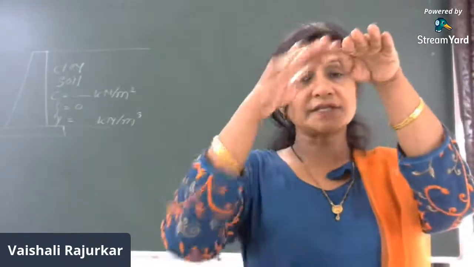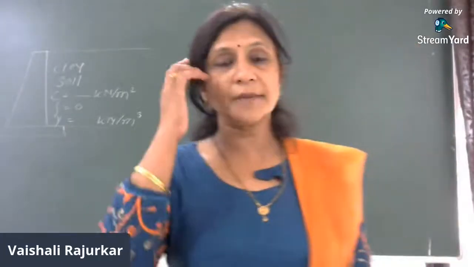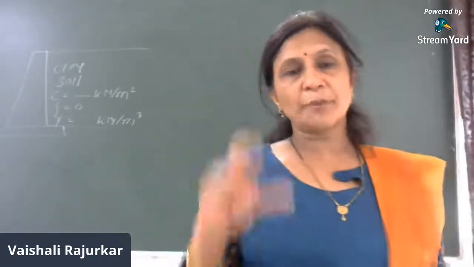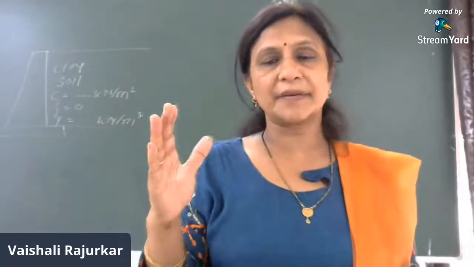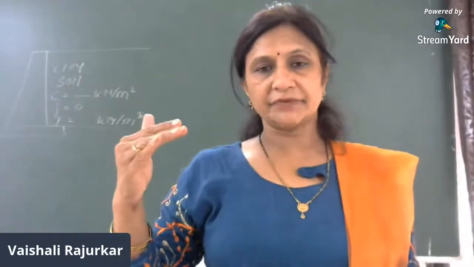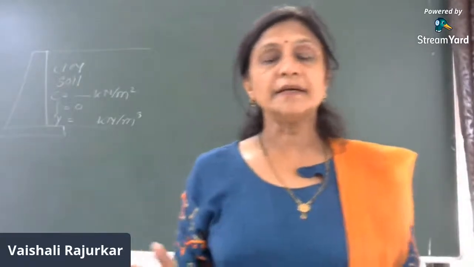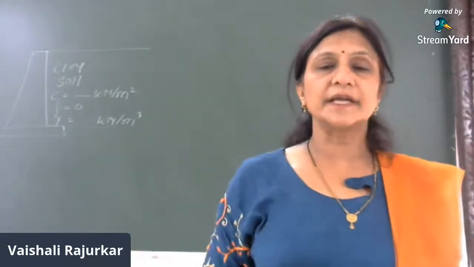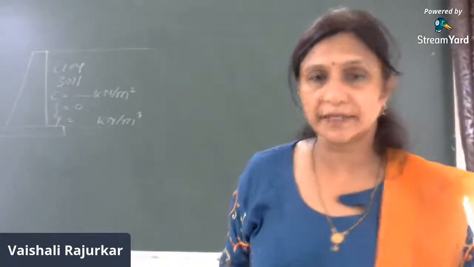After a certain depth the pressure acts, and that depth is called the depth of potential crack, up to which there is no pressure. The soil is self-stabilized. It will not exert any pressure over the wall. After the depth of ZC, it will exert pressure, and HC is the critical depth, that is, the minimum depth of excavation without any support.